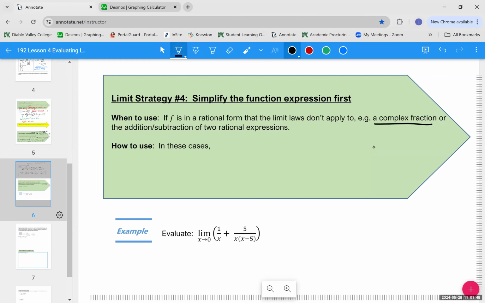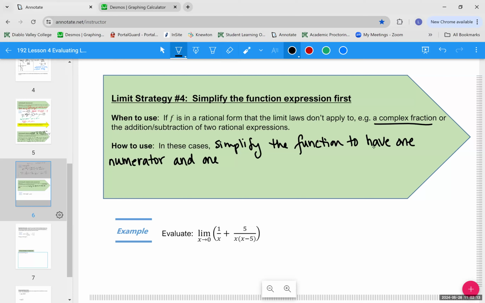So I'm just going to add here, simplify the function to have one numerator, I can't spell numerator, and one denominator.